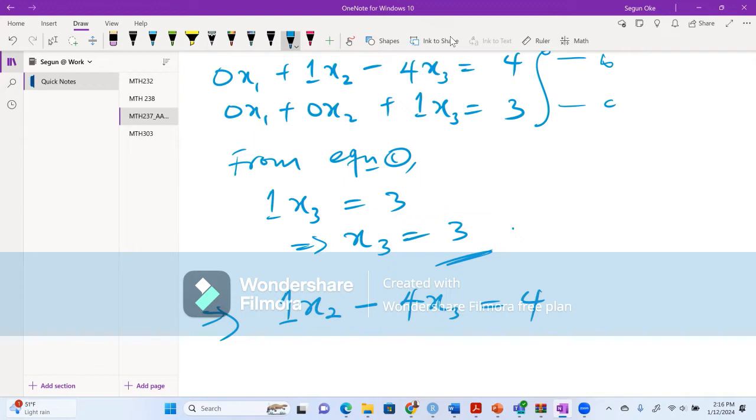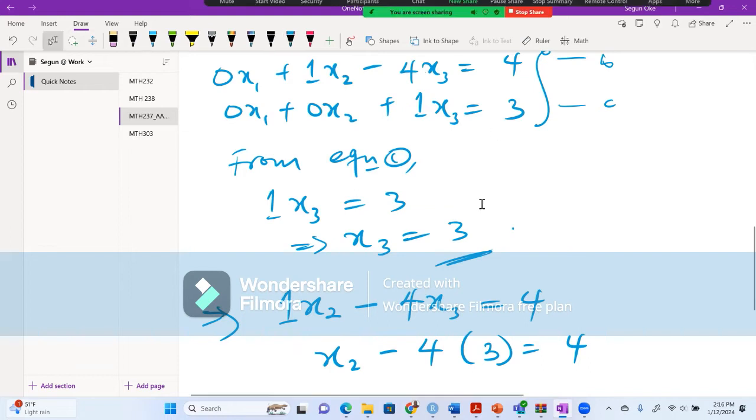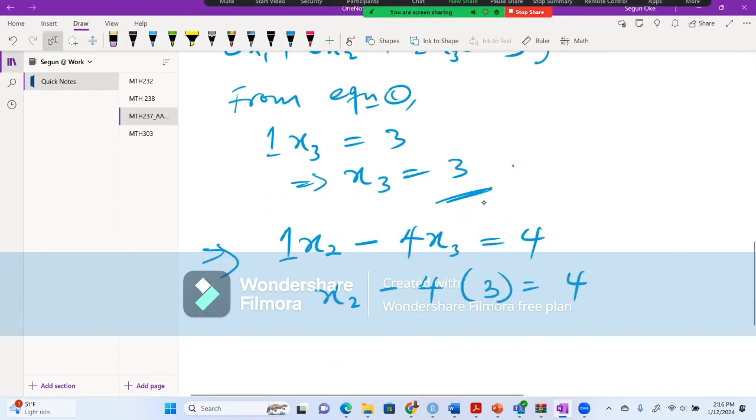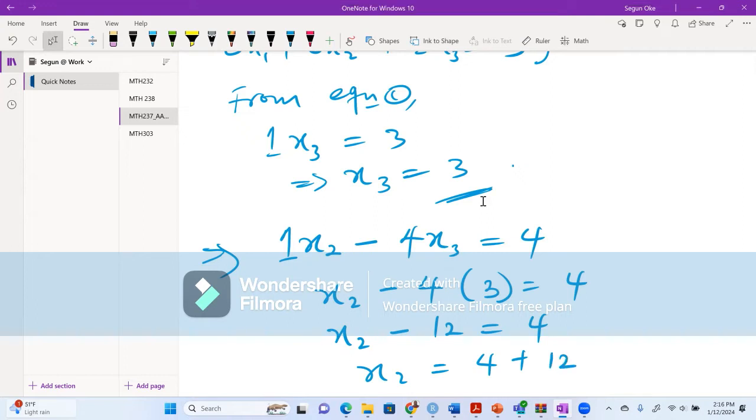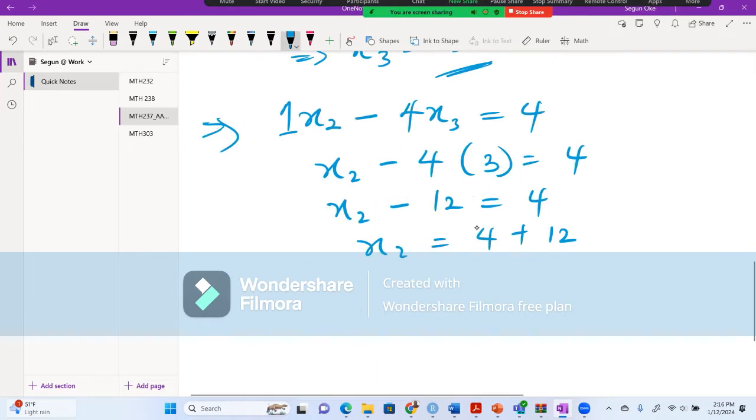So we substitute our s3 here. Meaning s2 minus 4 times 3 equals 4. So s2 minus 12 equals 4. s2 equals 4 plus 12, where you take it to the other side. So our s2 is equal to 16.